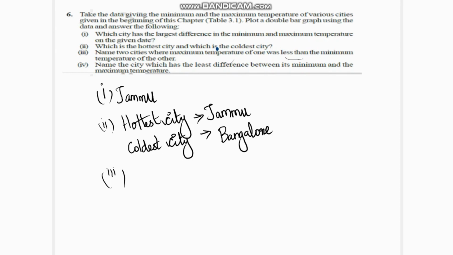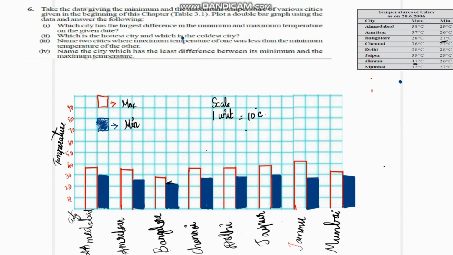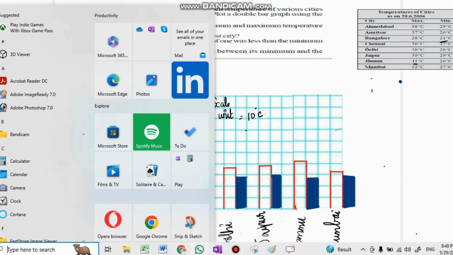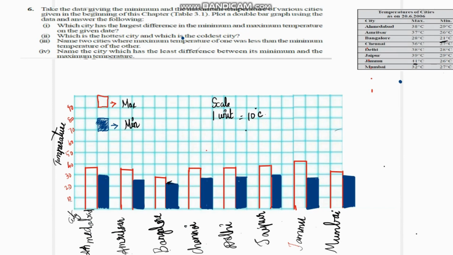So there should be a minimum temperature that is higher than a maximum temperature. Consider 38.